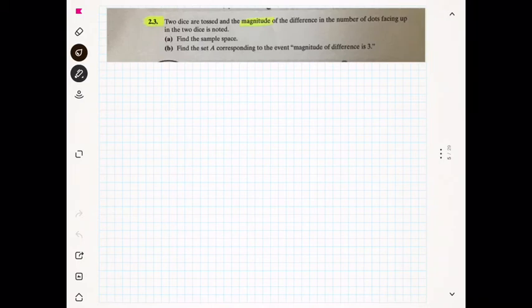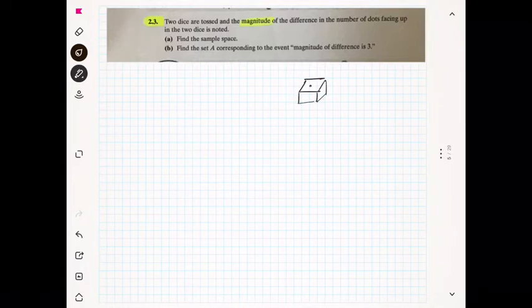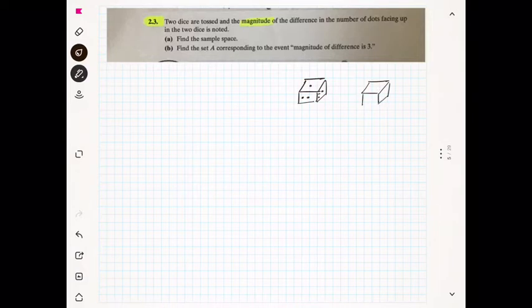We have two dice tossed. You have dice 1 like this, and you have another dice, and both are tossed.